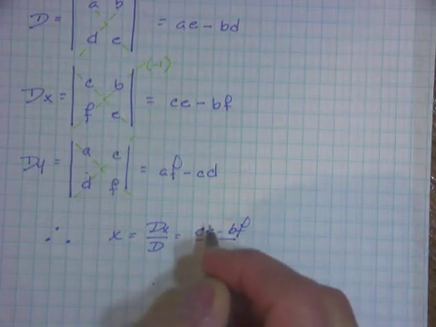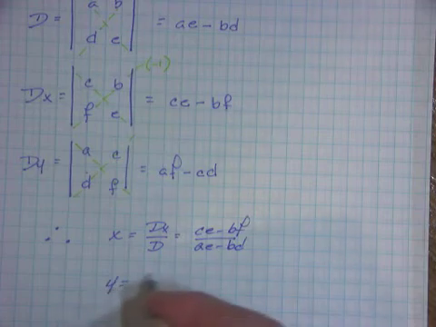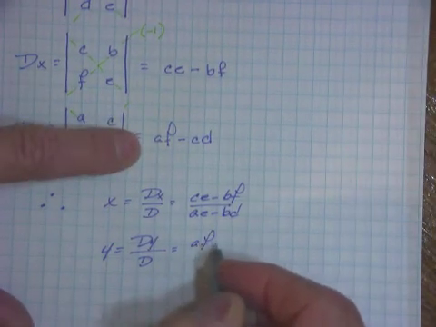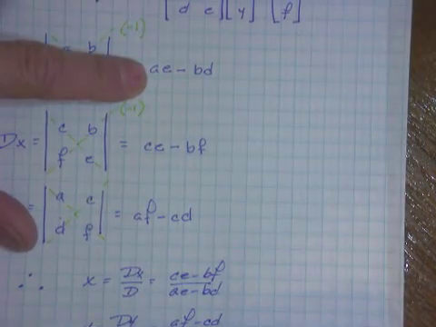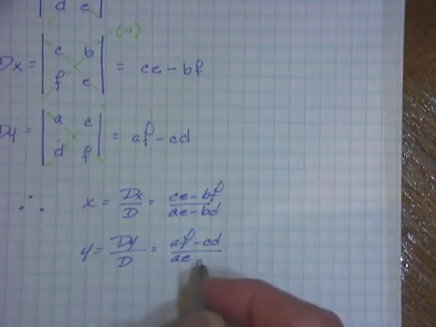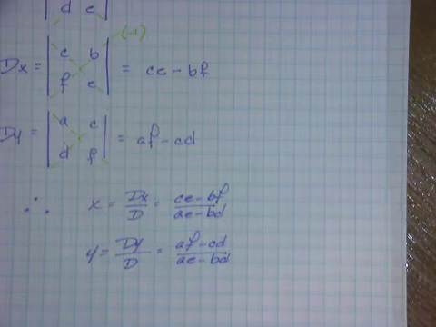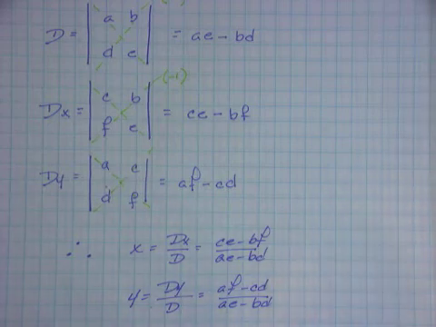So this equals CE minus BF over AE minus BD, and y equals the determinant in y over d, which equals AF minus CD over d, which was AE minus BD. And we proved these with this right here. We're just doing it in matrix form now.